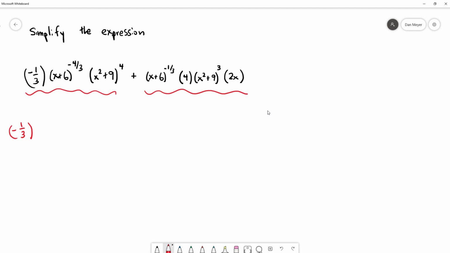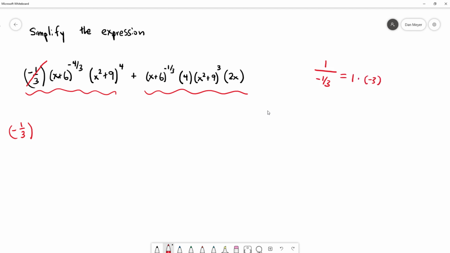Now, I think I mentioned this in class. I got 3 classes, so I can't remember what I mentioned in what classes. But factoring out is similar to dividing each term by a constant. So when I factor out the negative 1/3 here, I think it's clear that it's just going to cancel out. When I factor out negative 1/3 over here, we're essentially dividing by negative 1/3, which is the same as multiplying by negative 3.